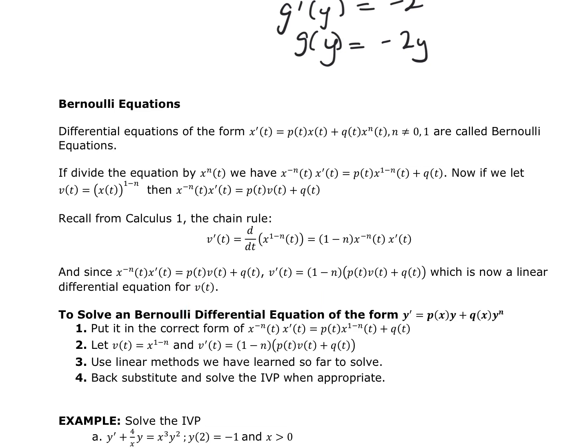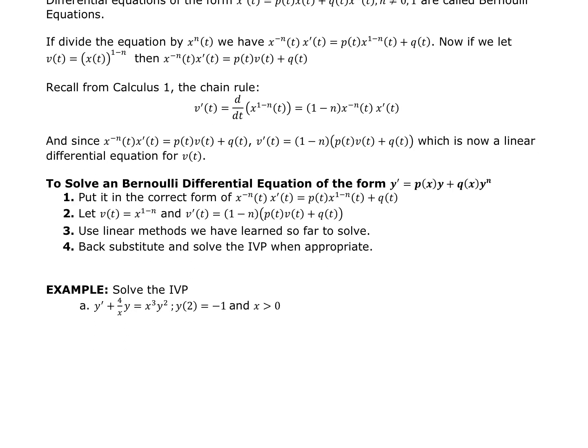Now let's go through the steps of solving a Bernoulli differential equation. To make my notation match, I started out with some y primes and x's, so I'm going to rewrite it so it matches everything else.